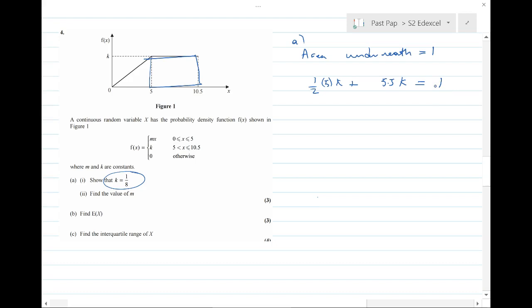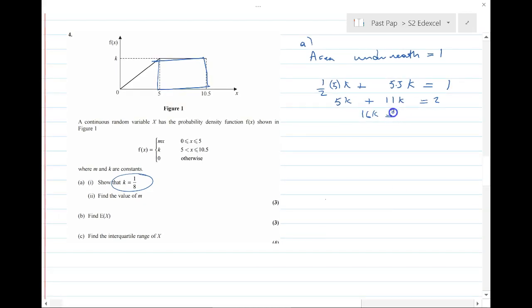So if I just double each of those, that's 5k plus 11k equals 2. So we have 16k equals 2, k equals 1 over 8 as required.